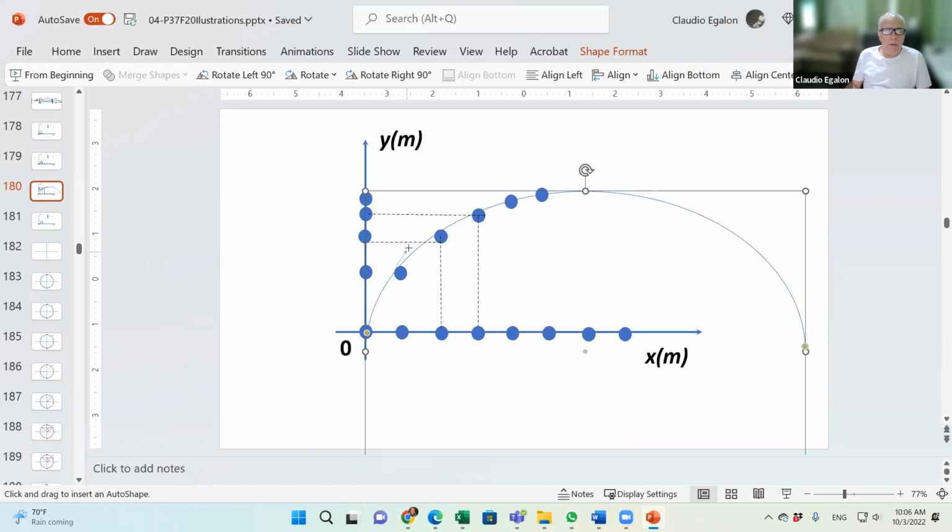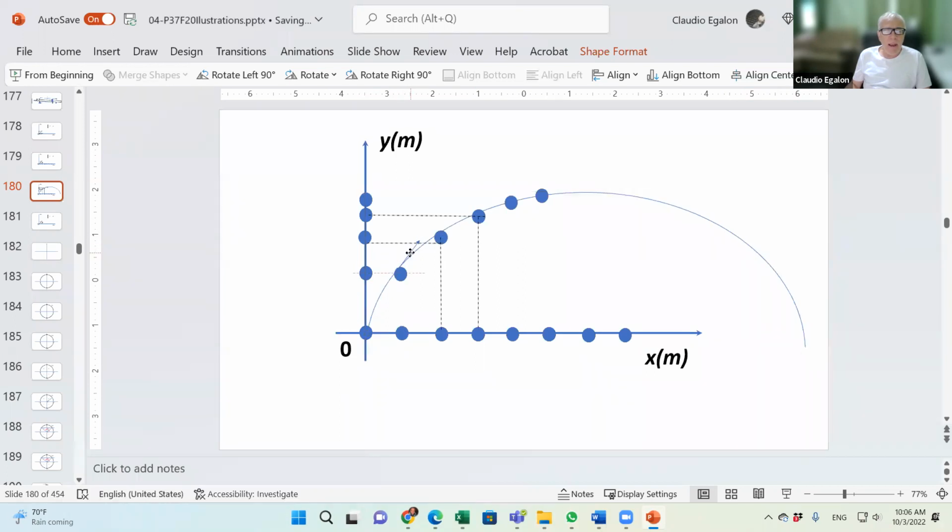The velocity vector of the projectile is always tangent to the path, right? So at this spot, the velocity is tangent here. On top of that, the velocity is going to decrease because there will be an acceleration component that's going to slow down the velocity of this projectile.